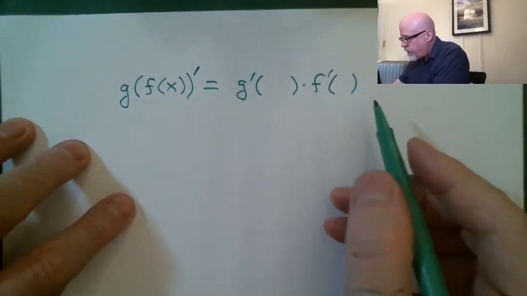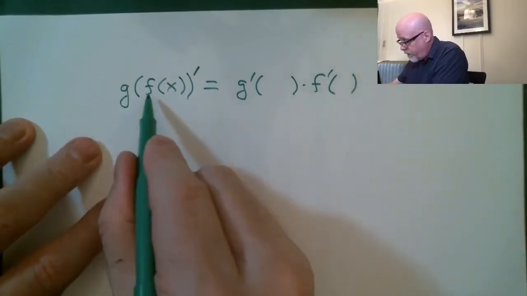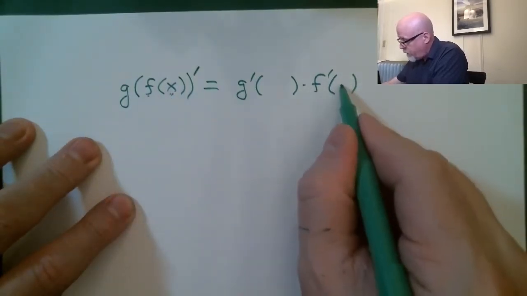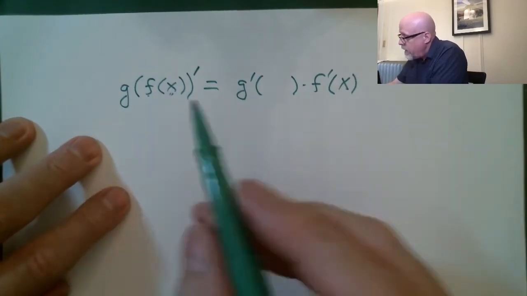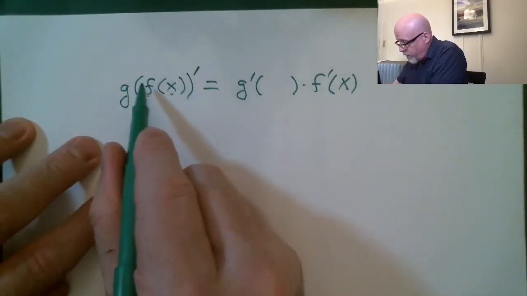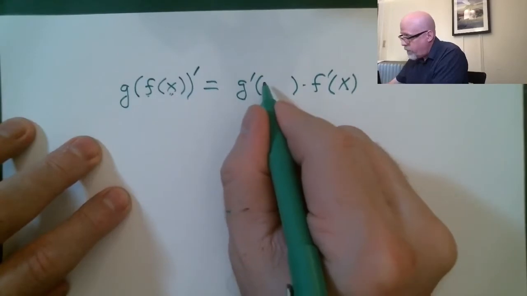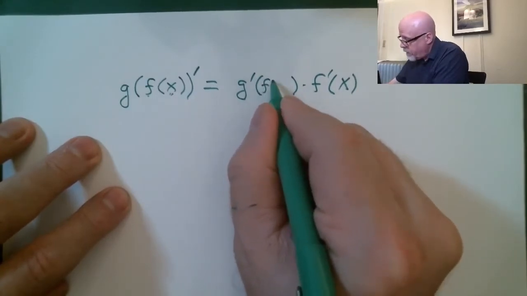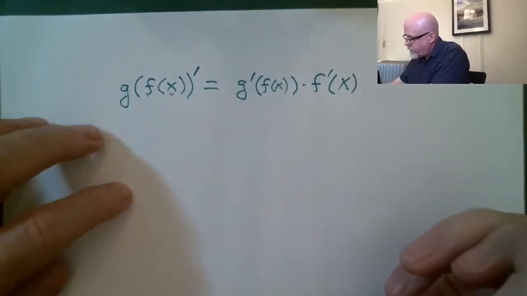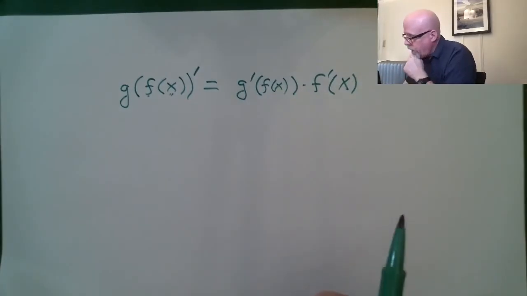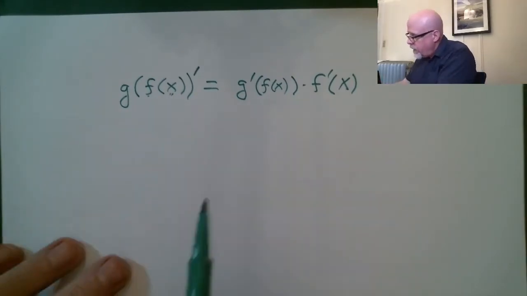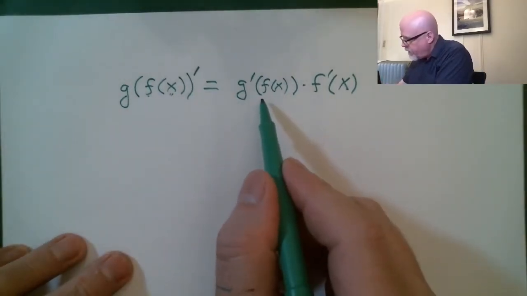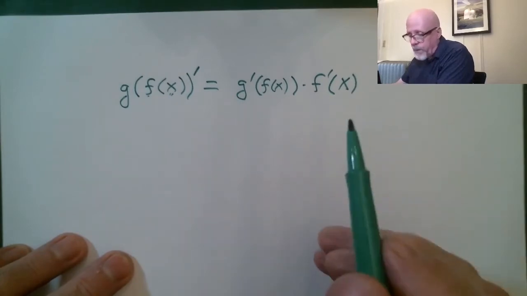But those functions are evaluated, well, f literally has x inside of it. So the argument to f prime is x. g's argument is f of x. And so that's what the argument for g prime is going to be. I think this is a case where dropping arguments is probably not a good idea. Keep it straight. g prime of f of x times f prime of x.